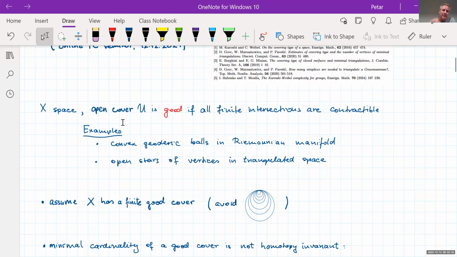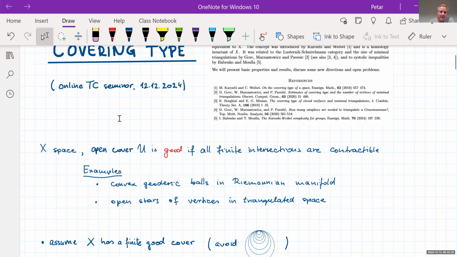The definition is the following. If you have any space, an open cover is said to be good if all elements and also all finite intersections of the covering are contractible subspaces. The typical examples that we normally think of are geodesic balls in a Riemannian manifold, or open stars of vertices in spaces with triangulations. Those are two typical examples of good covers.